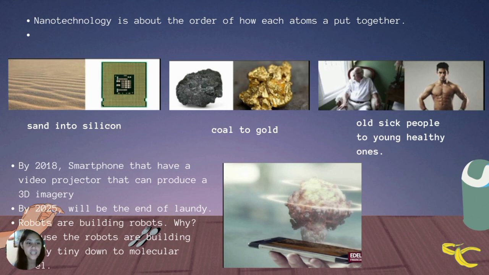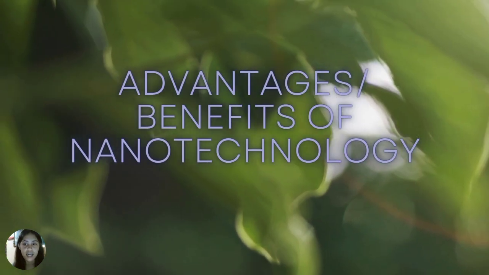And then robots are building robots. Why? Because robots are building tiny particles down to the molecular level. So let's proceed to the next slide.